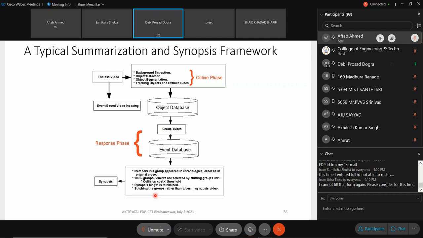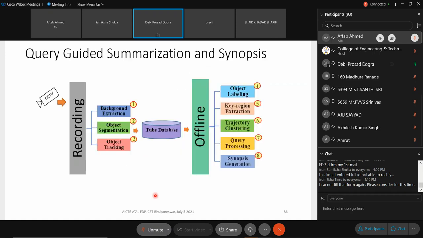At the same time, you do not want the synopsis to miss important events. Now if there are many important events and you want to accommodate them within a small duration, then you require better optimization techniques. That's why this spatio-temporal optimization of placing the object trajectories over a limited number of frames is challenging.